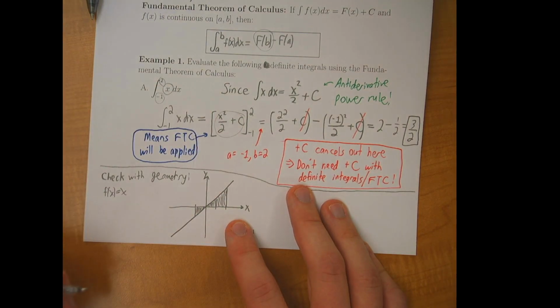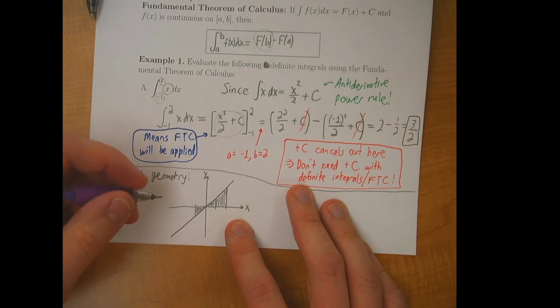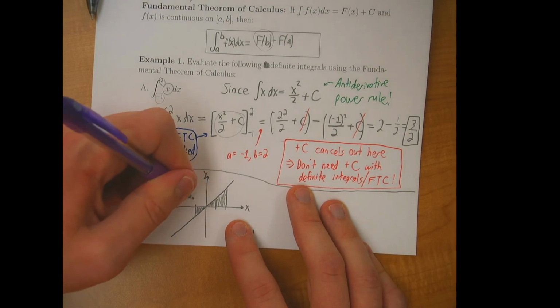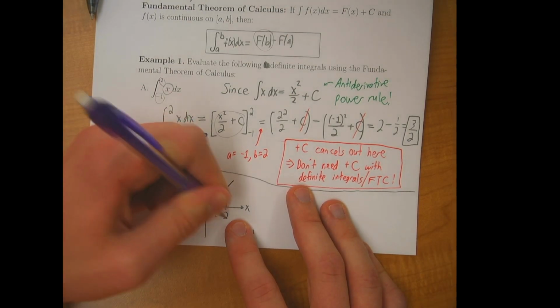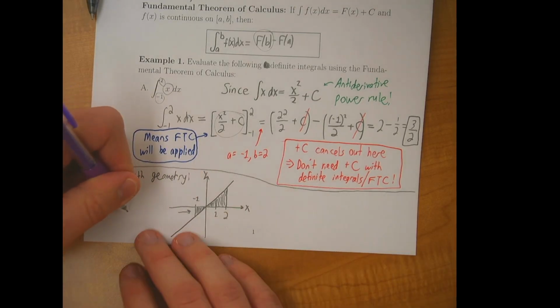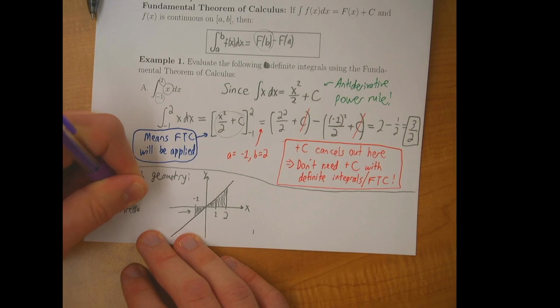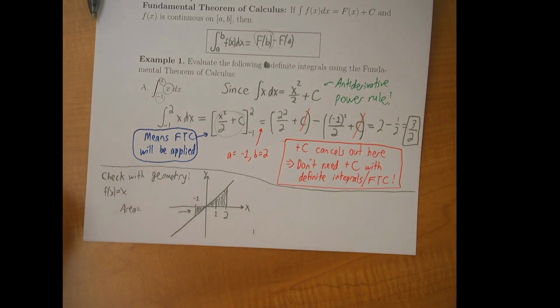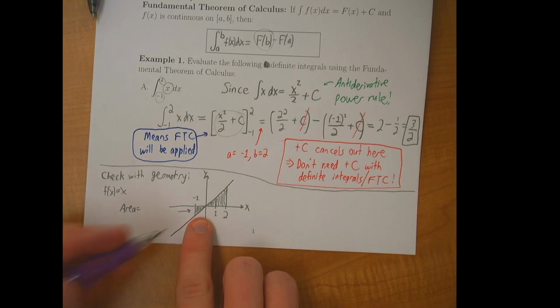So in this case, if we have f of x equals x, so this is negative 1, 1, and 2. Then the area of this part, or I guess the signed area, is equal to what? What area will that have, do you think? 1/2. Well, that's the area, but now because it's below the x-axis, negative 1/2. Good.